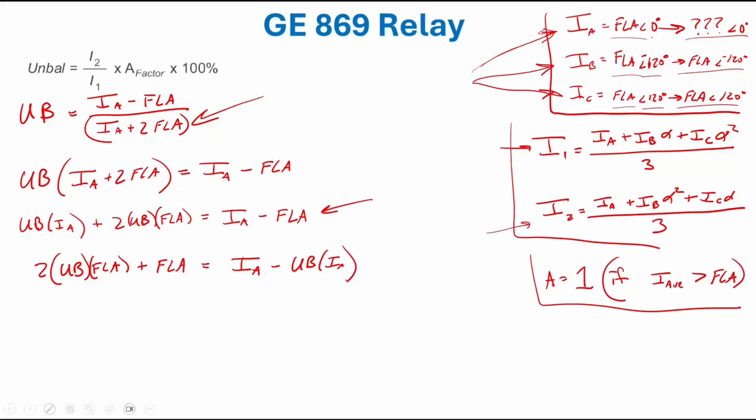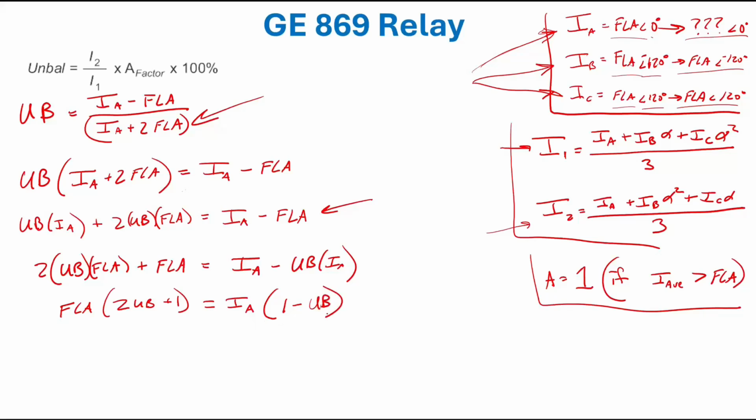What we'll do on the left-hand side is we'll divide both by FLA, and so this will be FLA times 2 UB plus 1 equals, and on the right-hand side, it'll be IA times 1 minus UB. That was sloppy.